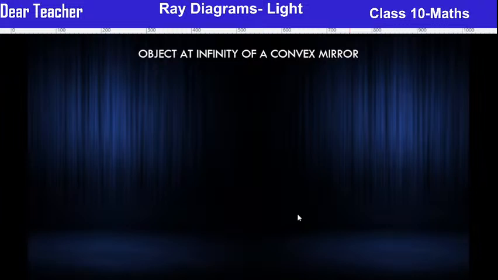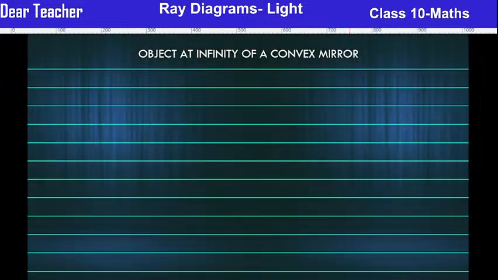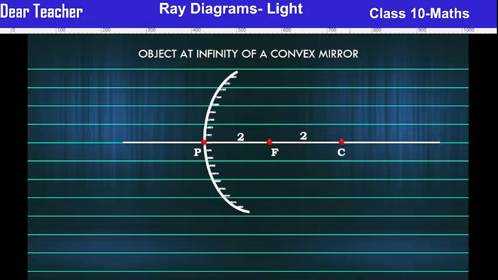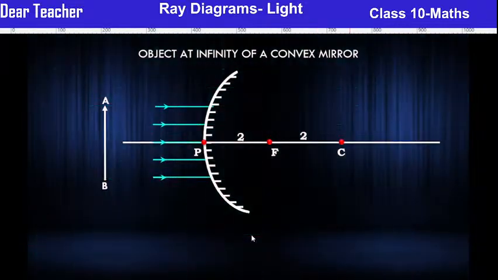Now let us see an object at infinity for a convex mirror. So draw a principal axis, draw C, draw F, draw P, draw the convex mirror, and an object at infinity. Then how is the image formed?